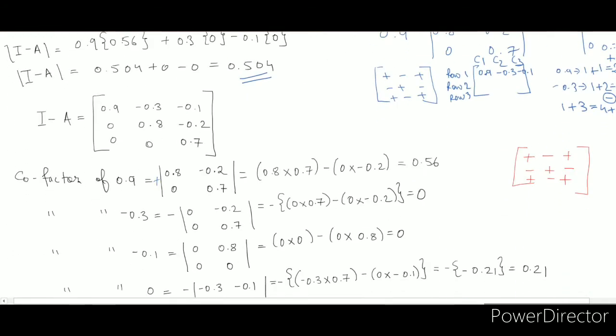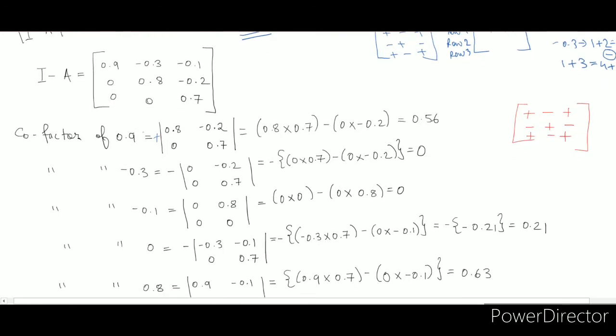Now the second element here, the cofactor of minus 0.3, and if you remember, minus 0.3 is an element of the first row and second column. So if we add 1 plus 2, the numerical values, we get 3, which is an odd number. So hence we will have a negative sign, and that negative sign will be written before the minors of this element. And again, what are minors? The elements which are left after deleting the row and column where this element is found.